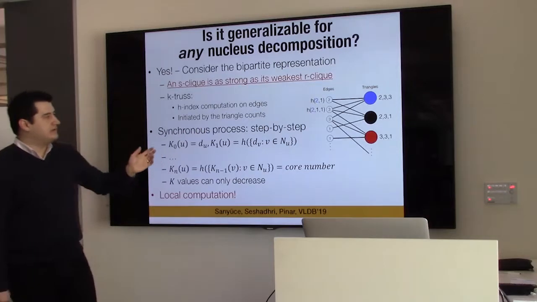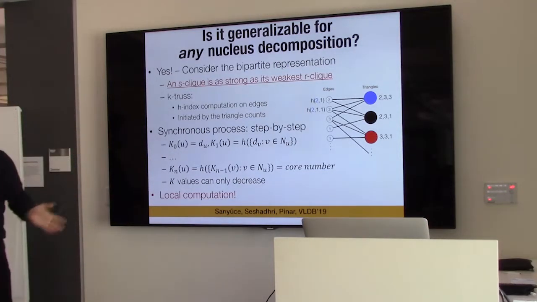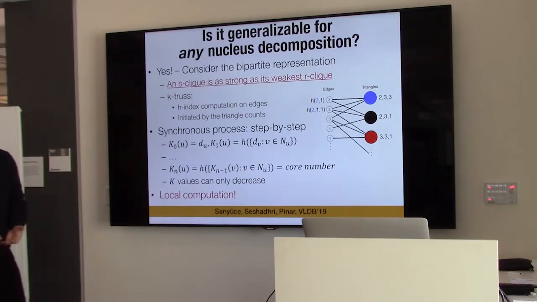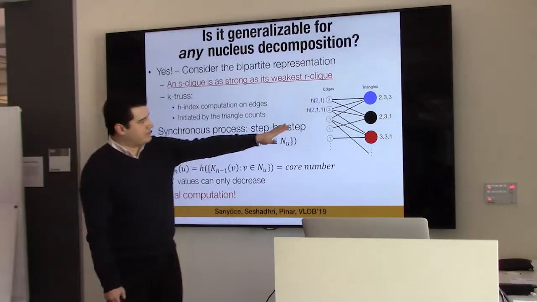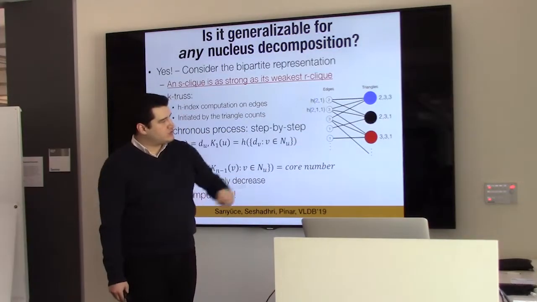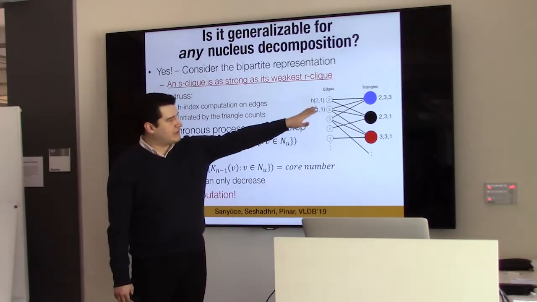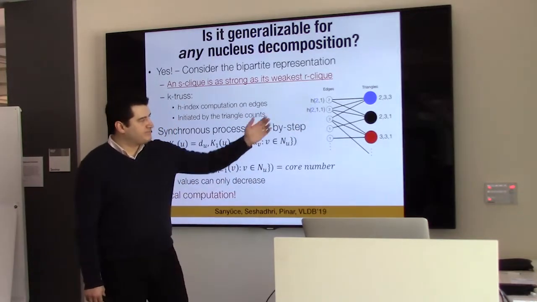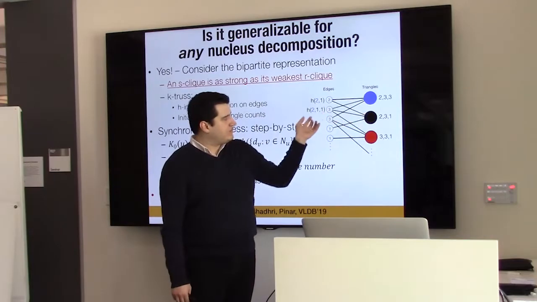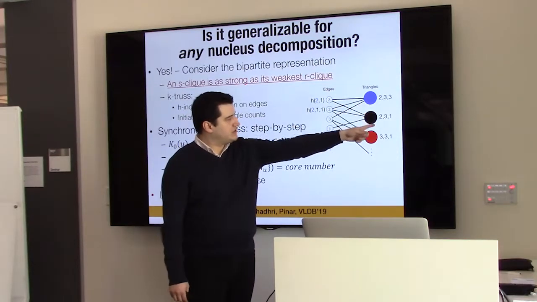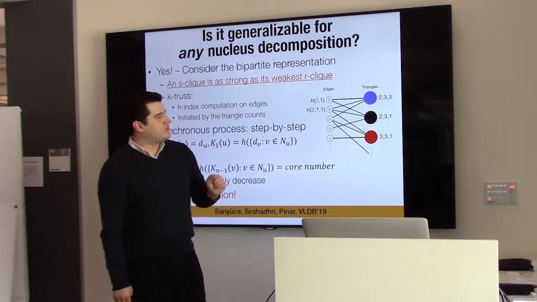And the thing is, an S-clique is as strong as its weakest I-clique. So what I mean is, if you start from those values, 2, 3, 3, 1, those are triangle counts, then you go and find the collections of those: 2, 3, 3, 2, 3, 1 here, 3, 3, 1 here.